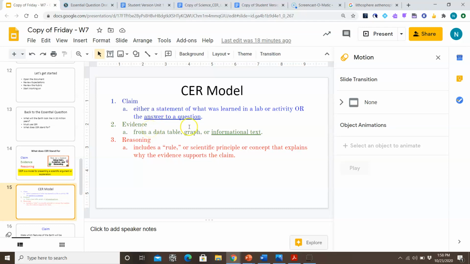Your evidence will be the information or the data that you use to support that claim. And your reasoning will explain why the evidence supports the claim using some of the scientific content like principles, rules, and terminology that show how this evidence supports your claim.